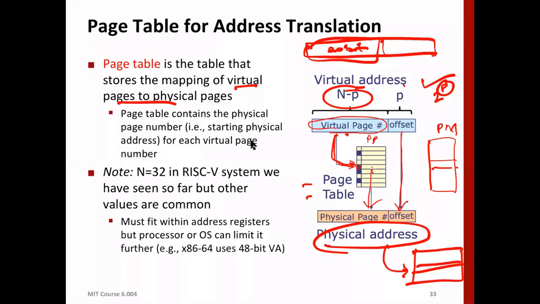And the virtual page is mapped into a physical page. And then within the virtual page, because we are reading only a byte, since we are using byte addressable memory, the location of that particular byte that we want to read within that page is the offset in the virtual address.